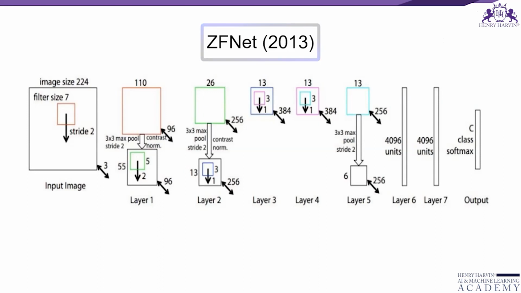Because we know that AlexNet uses 11x11 filters, but ZFNet is using only 7x7 filters. So don't forget to understand this. The intuition behind this is that by using bigger filters, we were losing a lot of pixel information, which we can retain by having smaller filter sizes in the earlier convolution layers. So the number of filters increases as we go deeper.